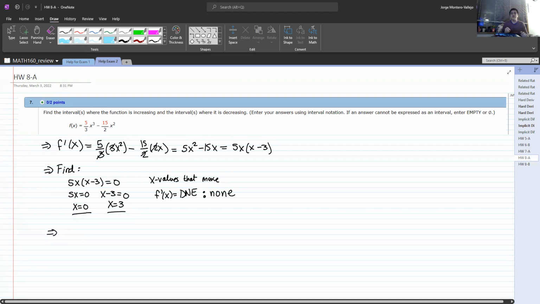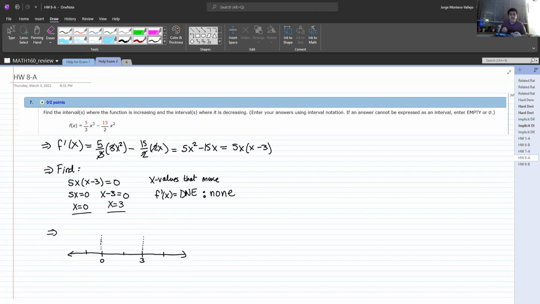So these are the only x values that we will use in our next step. Our next step is doing sign testing. And for that, we need to draw the x-axis, right? And then spot these two x values, 0 and 3, and use them to split the number line into 3 intervals. And we will need to pick samples or points from each interval and plug them into the derivative.